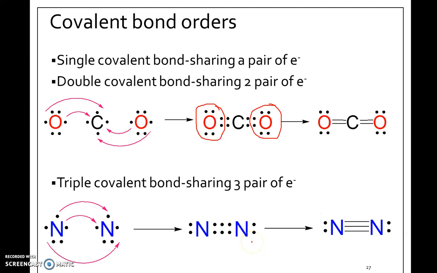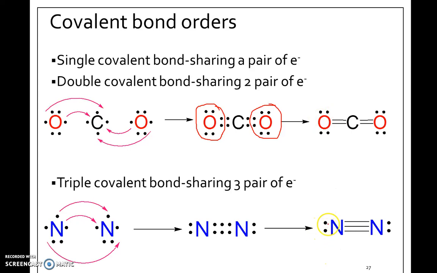So when you think about putting electrons around, just like we did with the Lewis symbols, you can't just stick electrons anywhere. They want to be as far apart from each other as possible. So in this case, the 2 lone pairs on oxygen are opposite of each other.